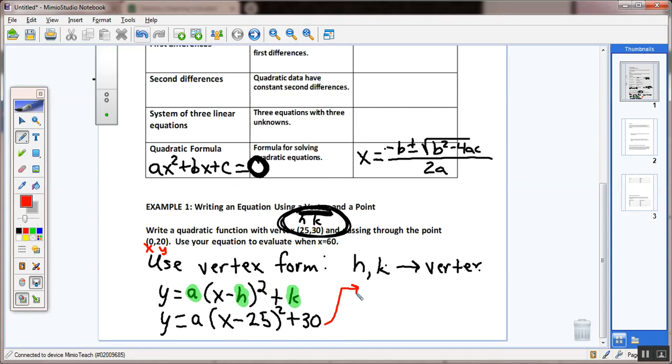All right, so let's do this. In for y, right where I'm at here, what are you going to plug in? 20. Do we know what the a value is yet, kids? We don't know the a value, right? Guys, if I'm plugging 20 in for y, what are they telling you to plug in for x now? 0. 0. You bet.